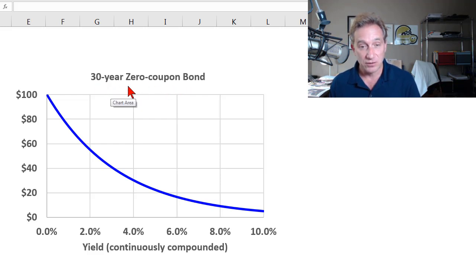So this zero coupon bond with 30-year maturity has both a modified and a Macaulay duration of exactly 30 years. So that's very convenient. My price yield plot is nonlinear, and in the fixed income class, we say that has positive convexity here. You can see, for example, at a yield of 6%, the price is less than $20.